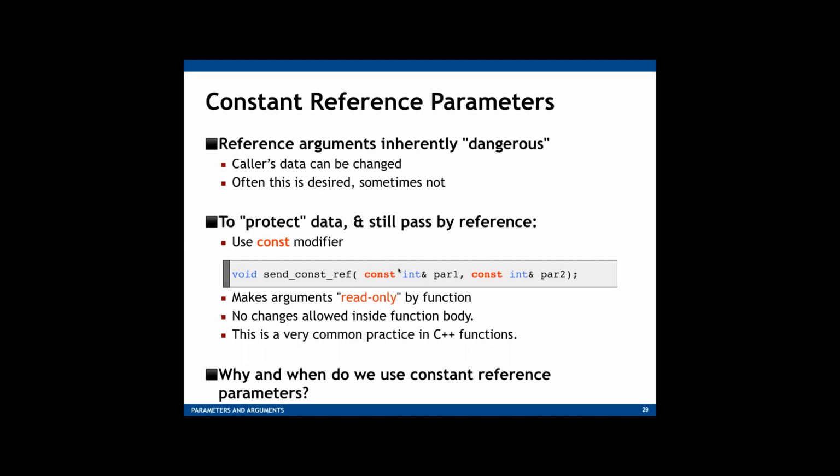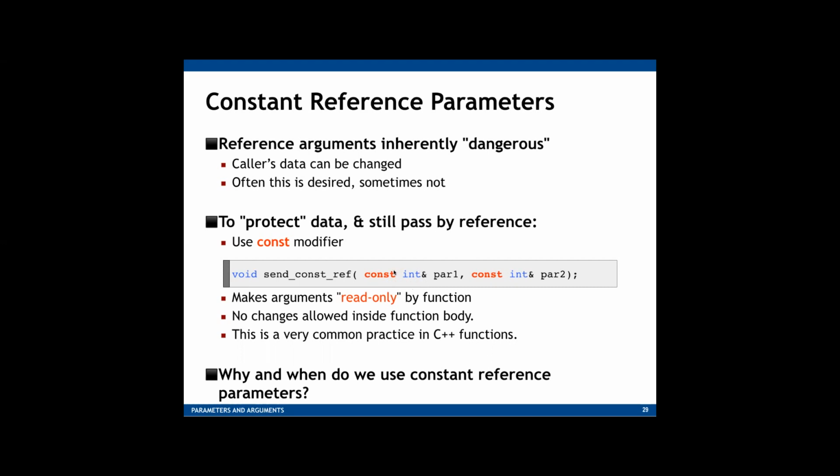So this is a call by reference parameter because of this ampersand. We learned this in previous sessions. And if we put the const keyword here, this becomes a constant reference parameter. You get a call by reference parameter that cannot be changed by the callee.